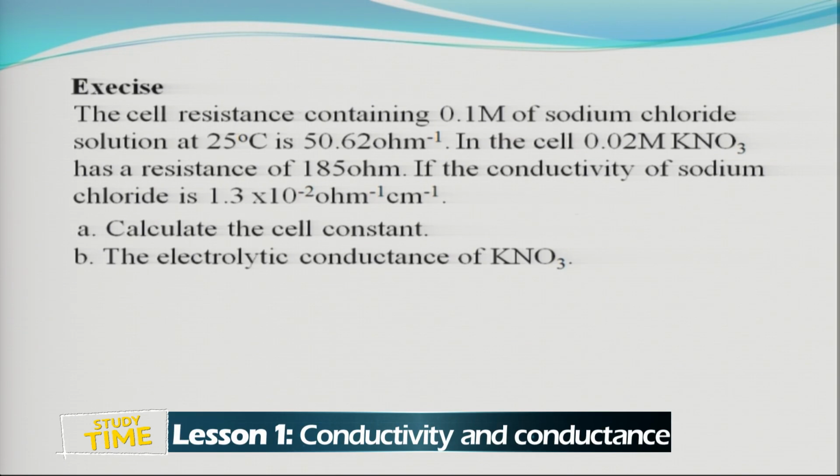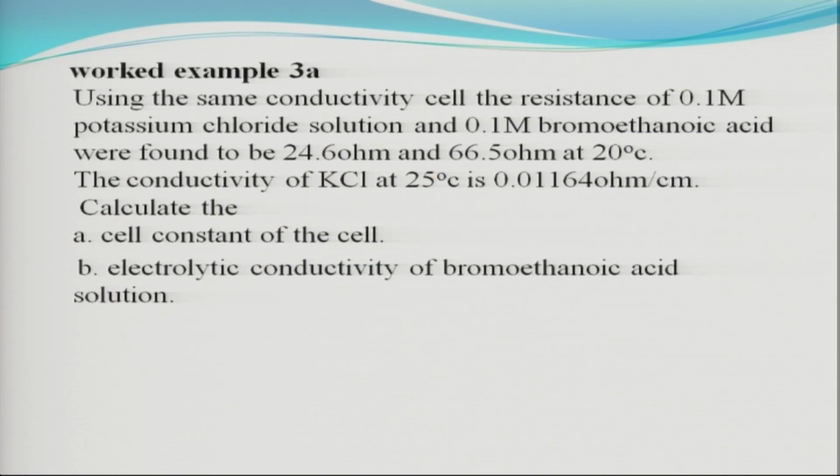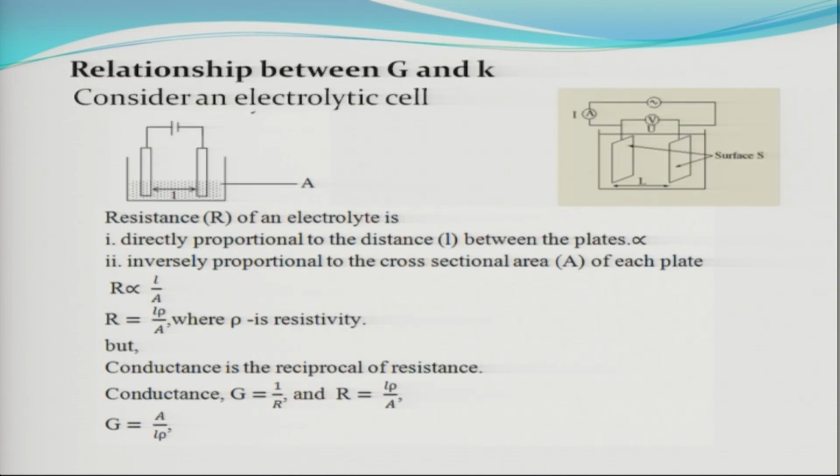This time, this is our G, the electrolytic conductance. So we can briefly go back and talk about this conductance. Conductance, we said, is the reciprocal of resistance. When you look very well, conductance is the reciprocal of resistance.